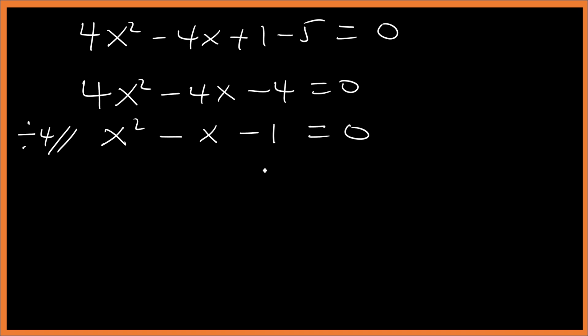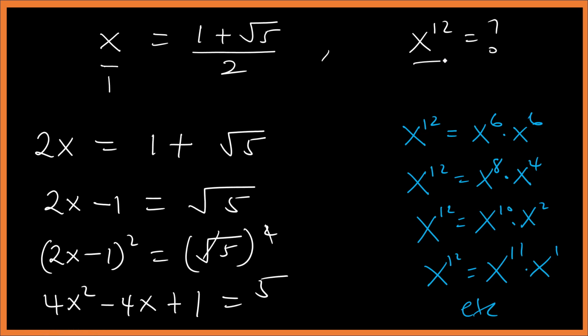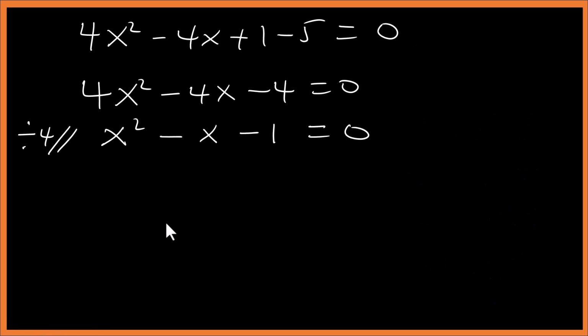to 0. Now remember, our focus is x to the power 12. So what we are going to do here is to make x squared the subject. That will be x squared equals x plus 1. So let's keep this one here. Now we have x squared.